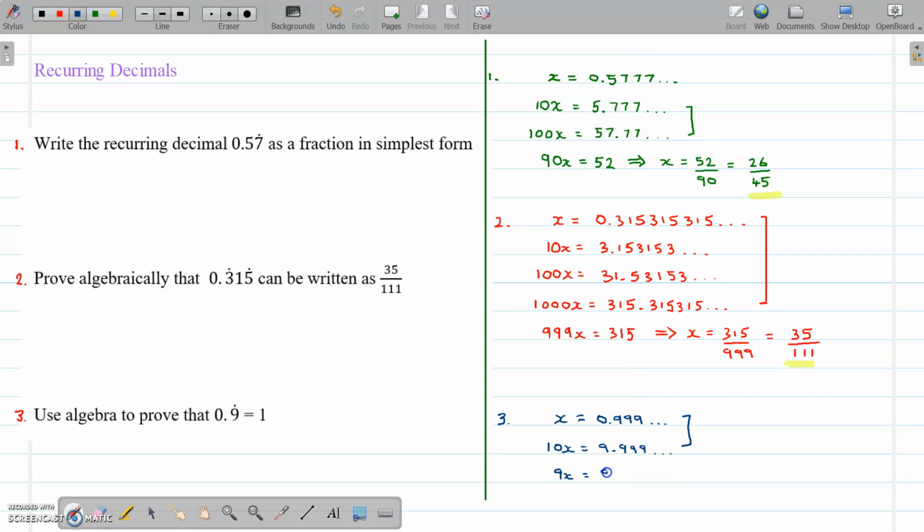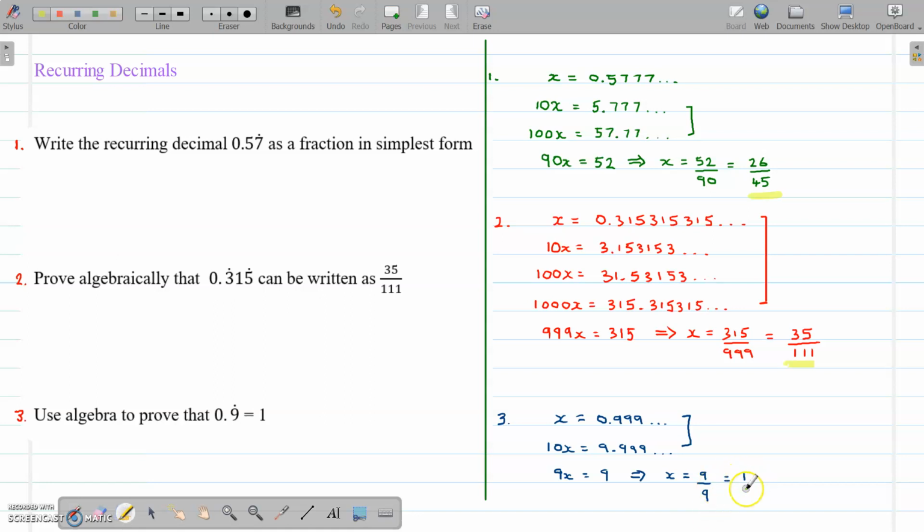If 9x equals 9, then quite simply x must be 1. Or if you like, x equals 9 over 9, following exactly the same process as we did up here, which is equal to 1. So you've actually proved algebraically that 0.999 recurring is the same as 1.